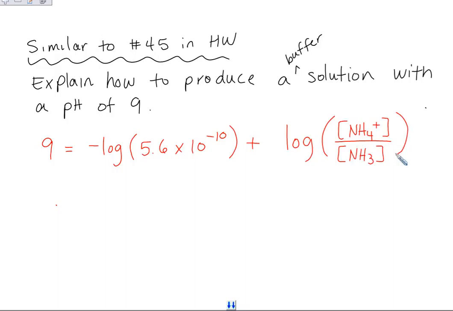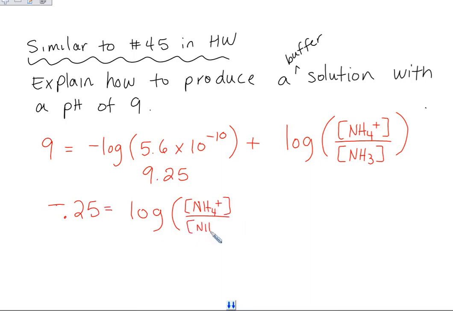So if we simplify this a little bit, the opposite log of this Ka is about 9.25. I can subtract on both sides, and I'm going to get negative 0.25 equals log of that ratio, ammonium over NH3, ammonia.